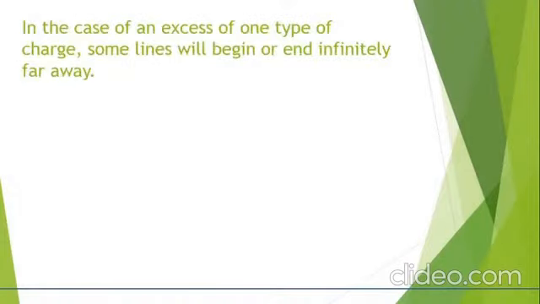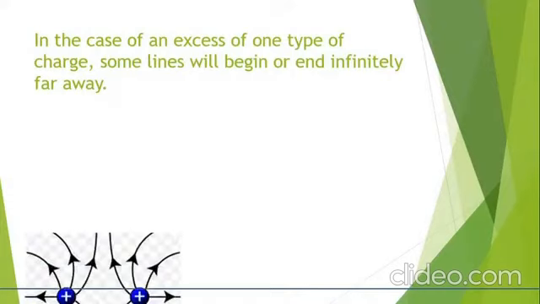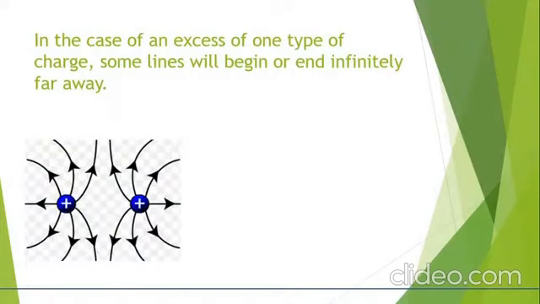And there is another case. When there is an excess of one type of charge, some of the lines will begin or end infinitely far away. As we can see here, when two positive charges are placed together, the electric field lines are shown and their direction is indicated by an arrowhead.